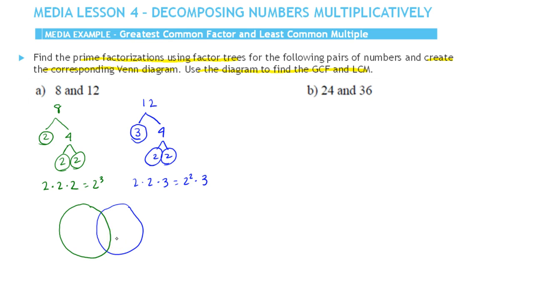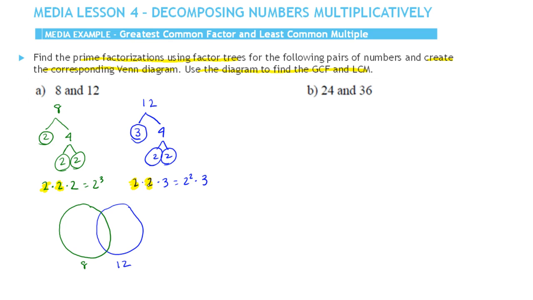So let's look at this with the factorizations. So I'm going to label this 12, so remember what it is, and I'm going to label this 8. So I'm going to take a highlighter, and let's see what factors the prime factorizations have in common. So notice they each have 2 in common, and actually they each have a total of 2 factors of 2 in common.